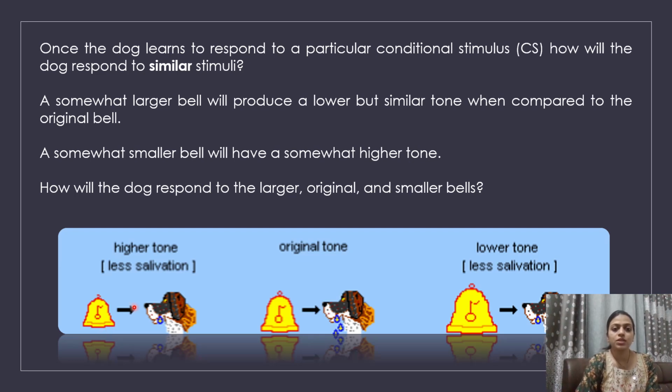Conditioning depends largely on how many times it has been repeated. When a higher tone or larger bell was rung, salivation also took place, but it was lesser than that of the bell with the lower tone. Likewise, with the bell which had a lesser tone, salivation was less.